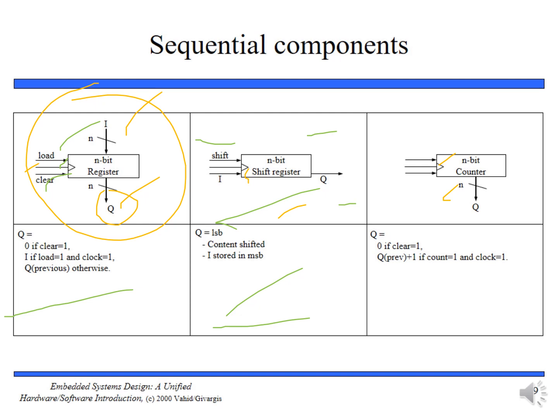A shift register has a data input I and at least two control inputs: number 1 is shift, number 2 is clock.